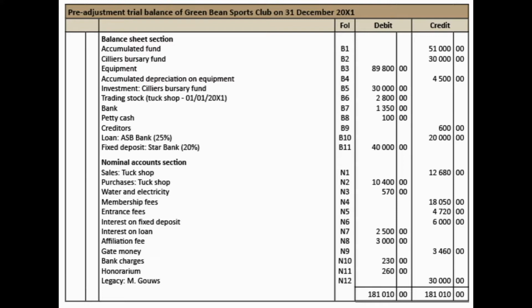Debit that account with 10,000 and credit accumulated fund 10,000. Okay, so you debit accumulated fund and you credit, sorry, I'm wrong. You debit your legacy account with 10,000 and you credit your accumulated fund account with 10,000.